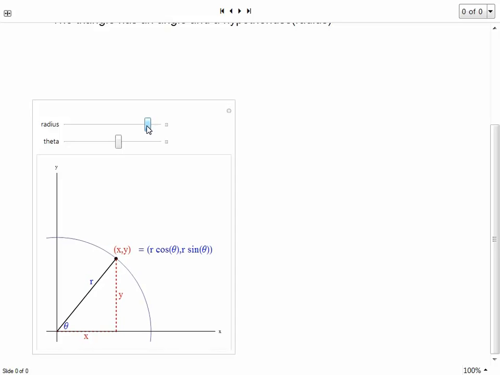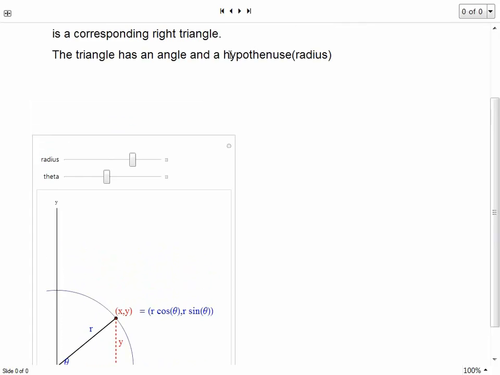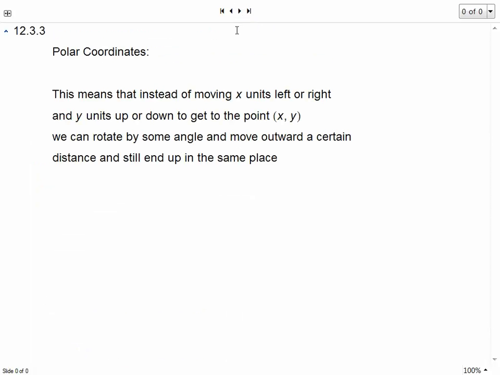So here, if I change the r, it's going to change how far out I walk. If I change the angle, I change the angle. All right. So this is what I'm saying basically to you right here. Instead of moving out x and up and down y, we can turn and go out. That's the idea of polar coordinates.